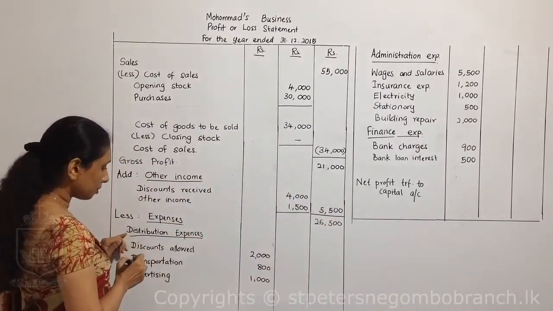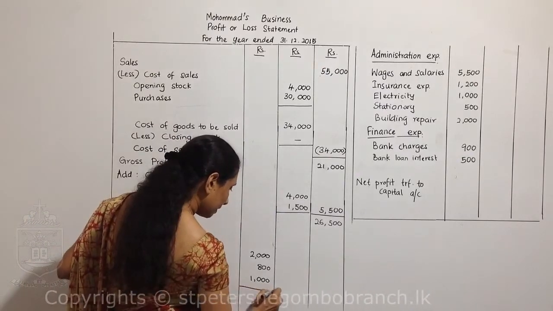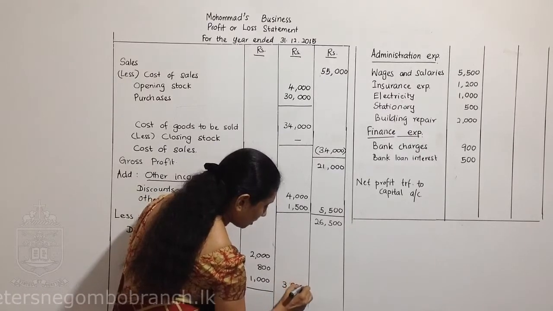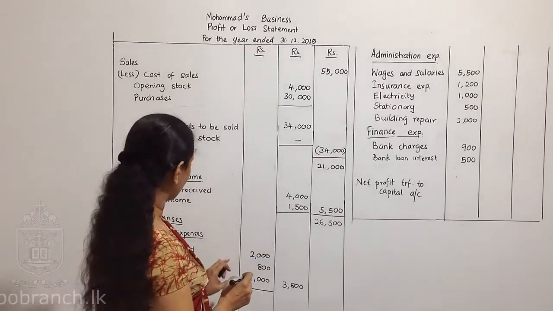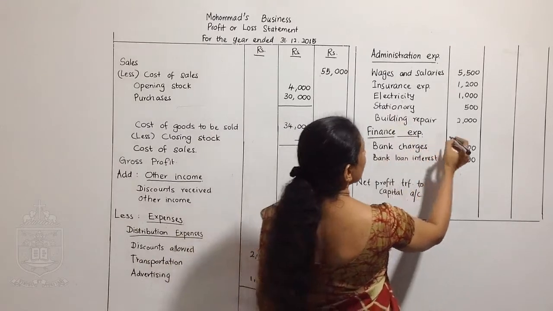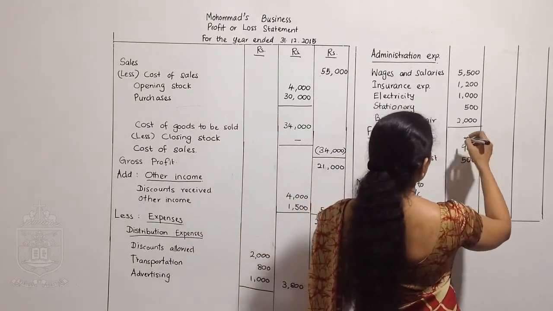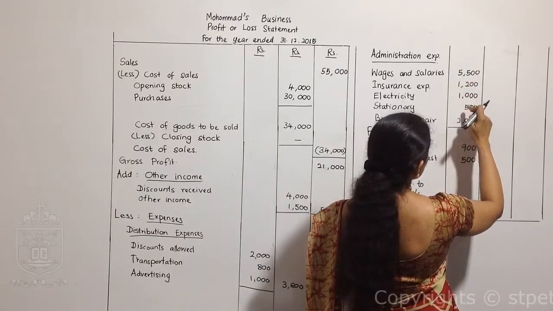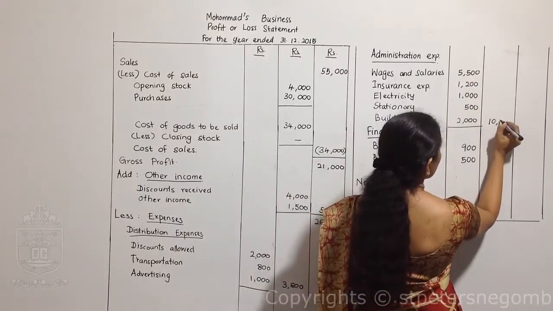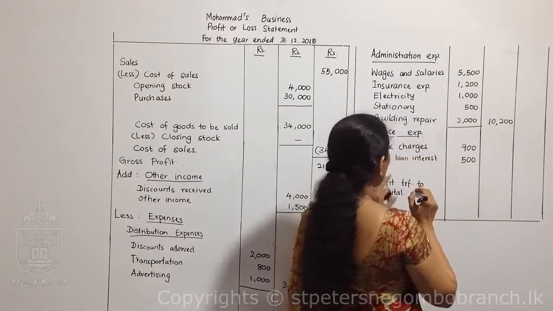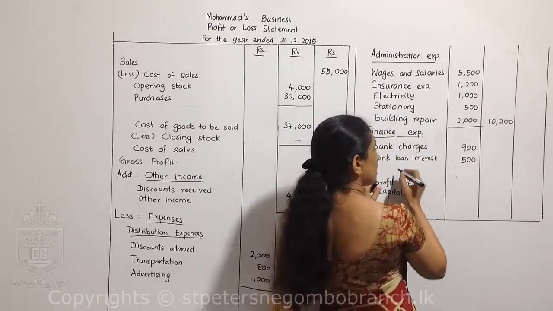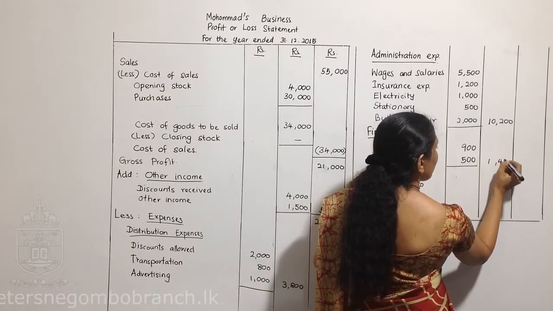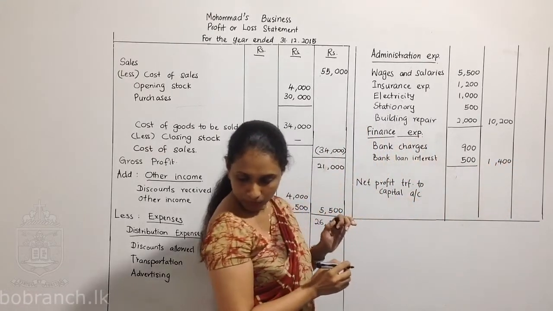Then let's go to the distribution expenses and total that, 3,800. Then let's go to the administration expenses, a total of 10,200 is there. Then let's go to the finance expenses section. We have 1,400 of finance expenses.